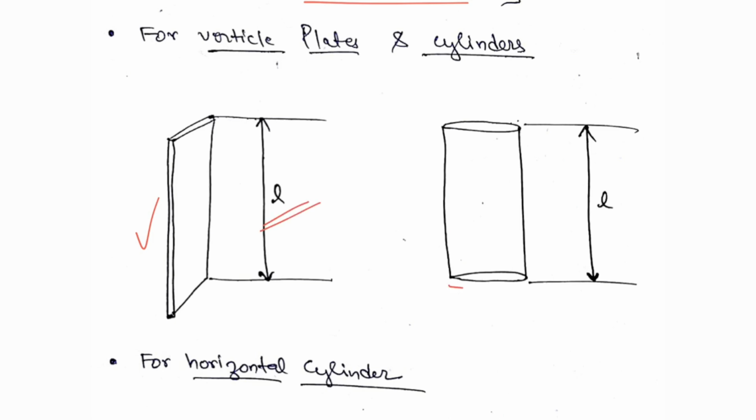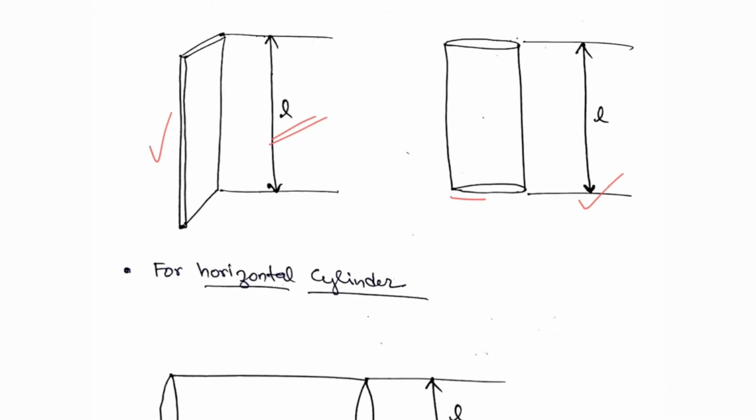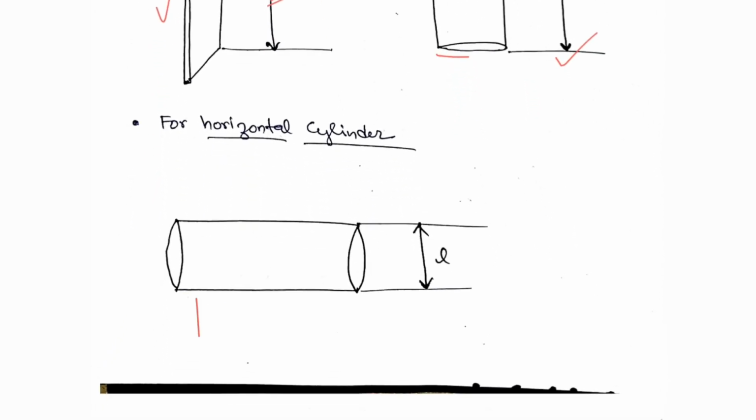And if you have a cylinder which is vertical, then its characteristic dimension is also equal to the length of the cylinder. If you have a horizontal cylinder and the flow is taking place over this in this direction, then your characteristic dimension is equal to the diameter of the cylinder.